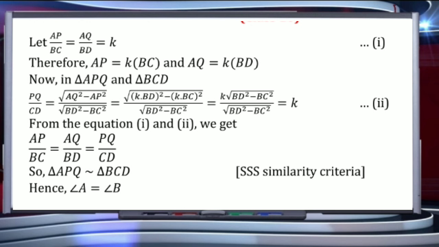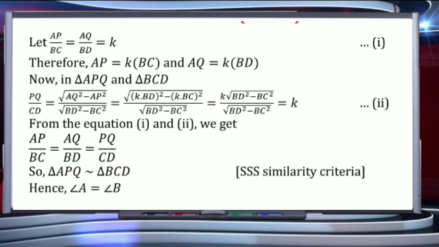Same, CD will be equal to under root of AB square minus BC square. So let us substitute the values of AQ and AP, which is K times BD minus K times BC square. K square is common, so we take K out of the under root. So BD square minus BC square.